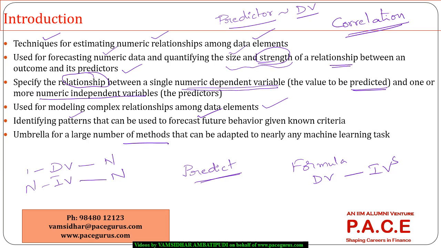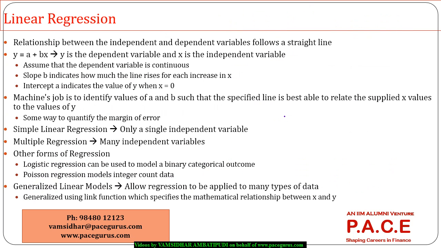So we have a large number of methods that we can use for any kind of machine learning task here. Linear regression is one form under the overall umbrella of regression models. We also talk about logistic regression and Poisson regression.